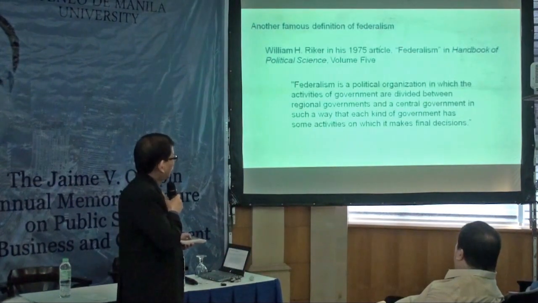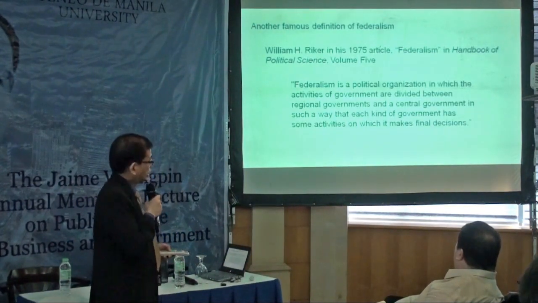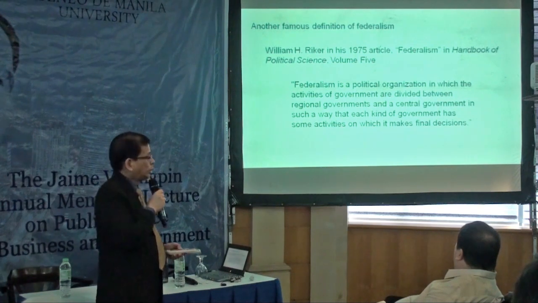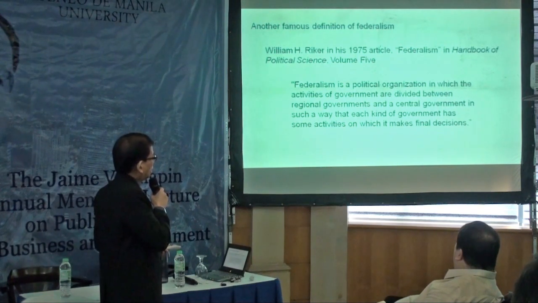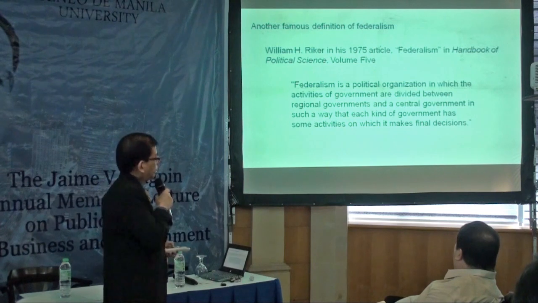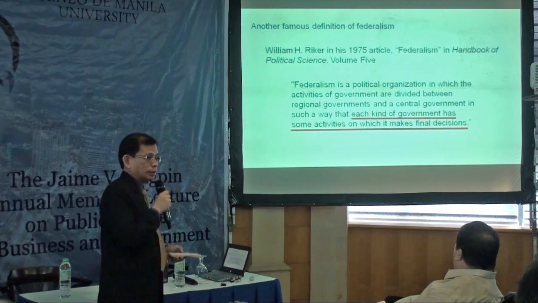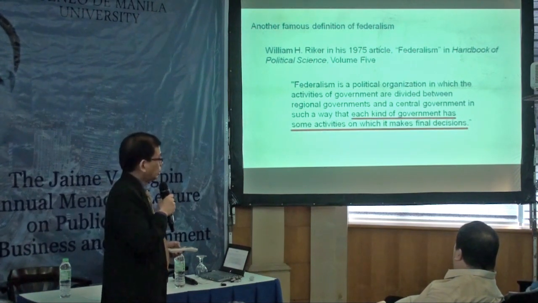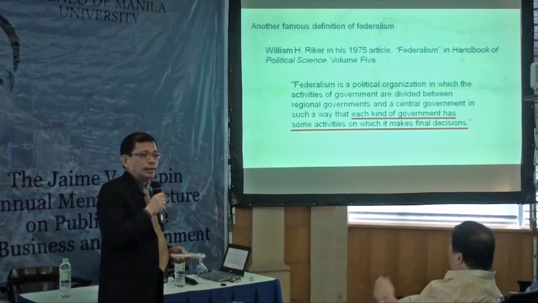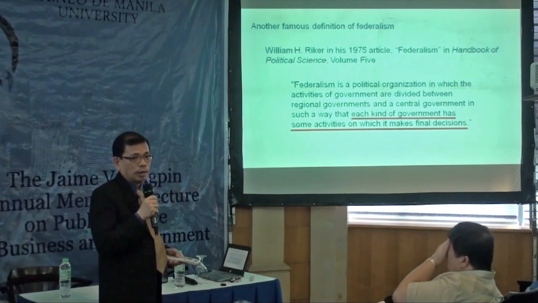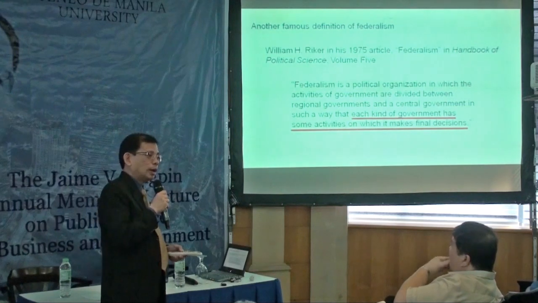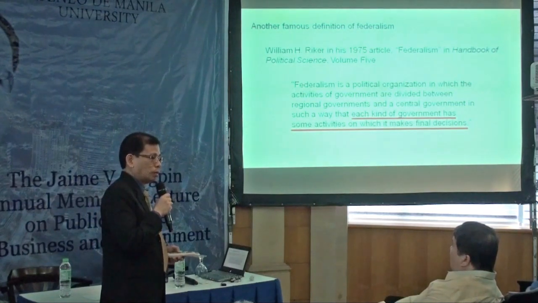According to him, federalism is a political organization in which the activities of government are divided between regional governments and a central government in such a way that each kind of government has some activities in which it makes final decisions.